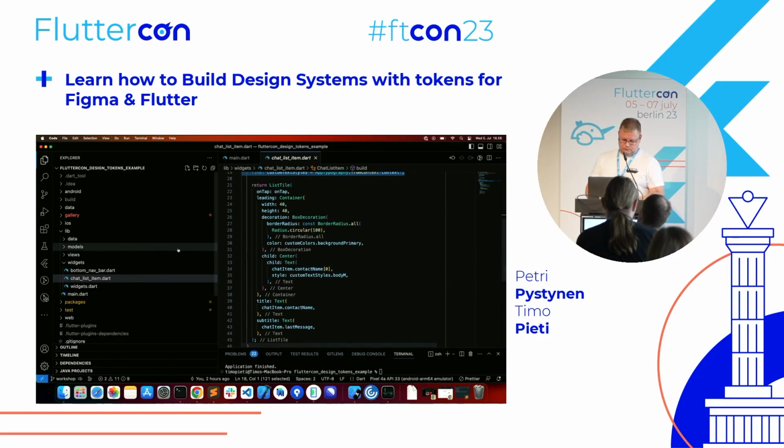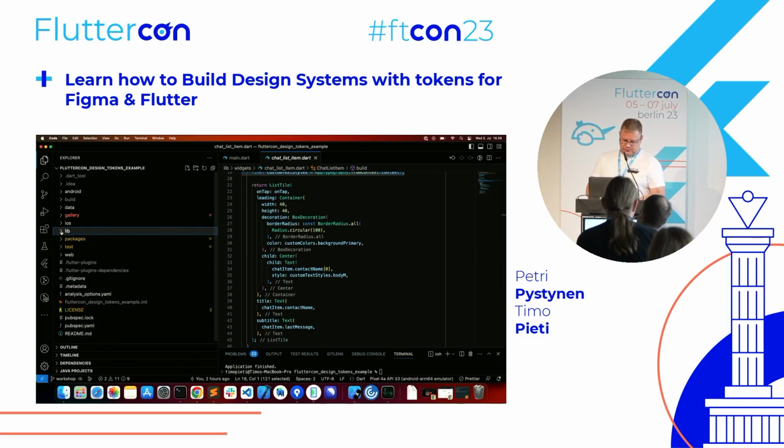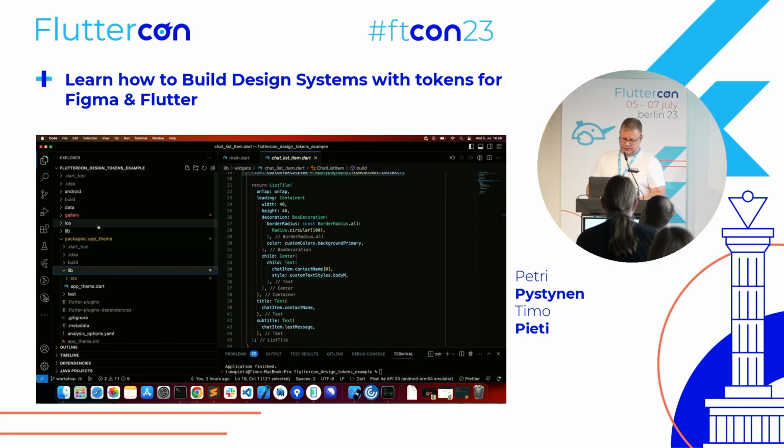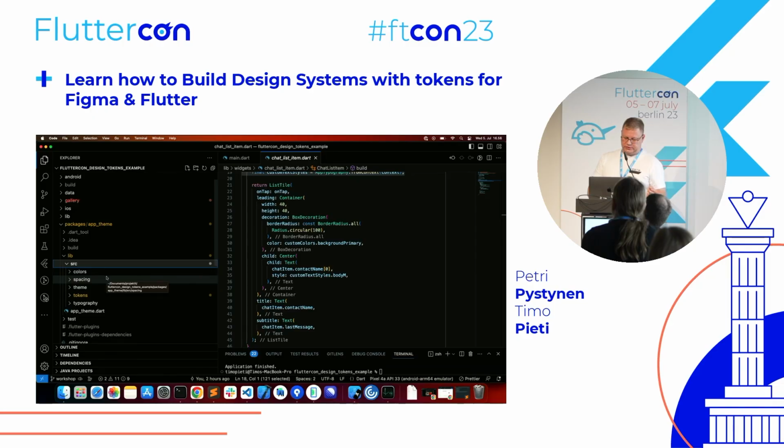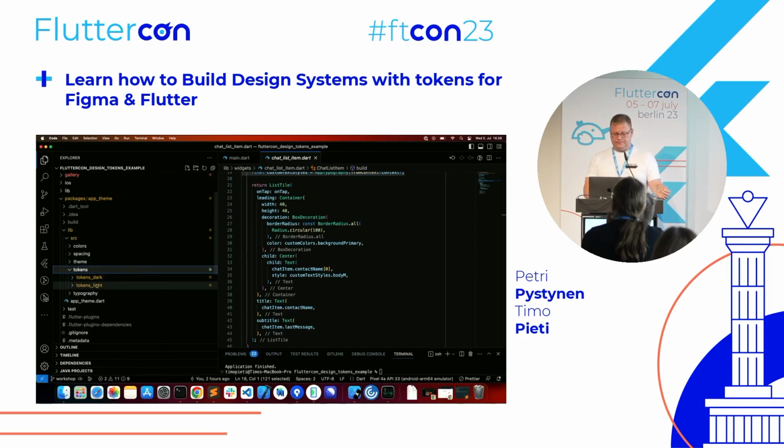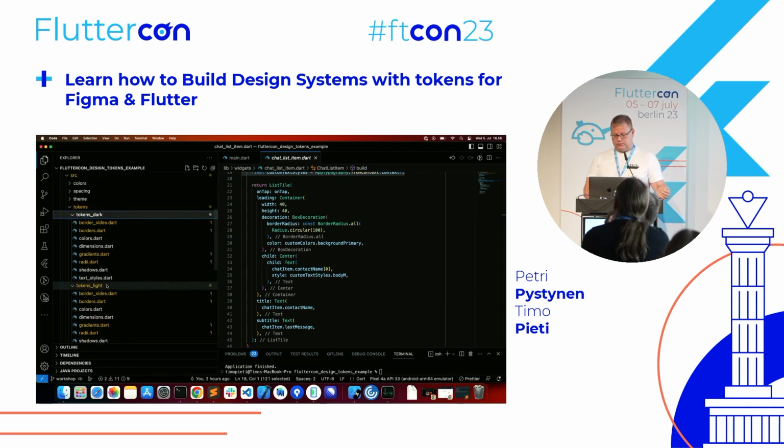But not so much about the example. The main thing is that this is in a different package. You can have it in the code, but I just wanted to do it in a different package. And here we have this tokens folder, and here are values. These are generated values, and we use Supernova to do this.